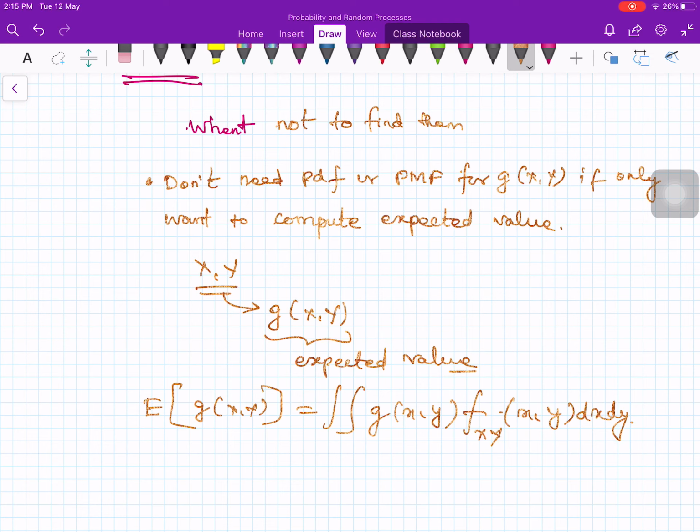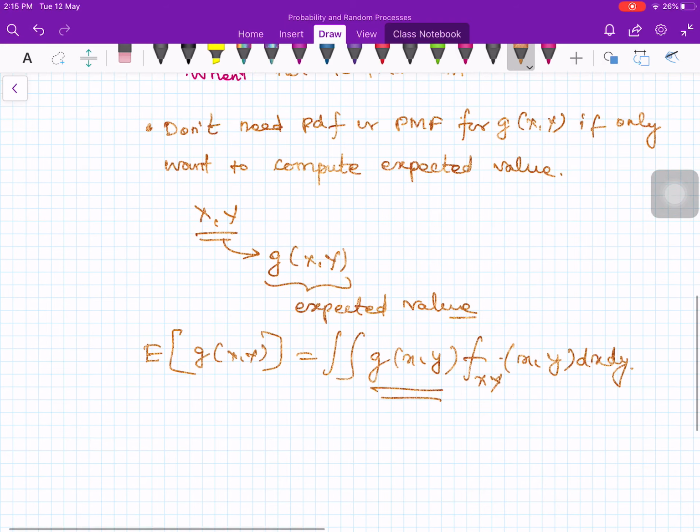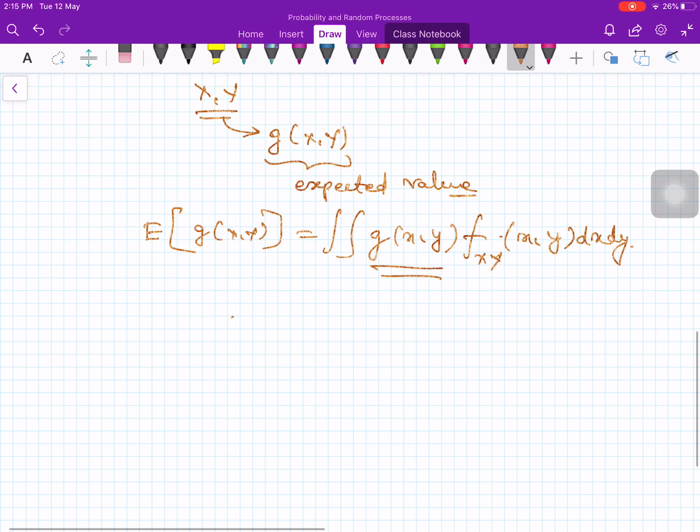So if all you care about is the expected value of this function g of X comma Y of the random X comma Y, you can work directly with the distribution of the original random variables without ever having to find the PDF of g.